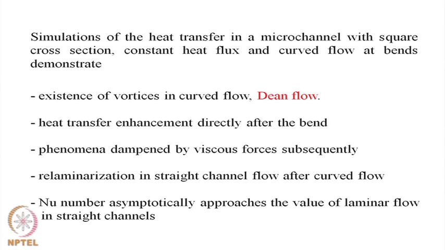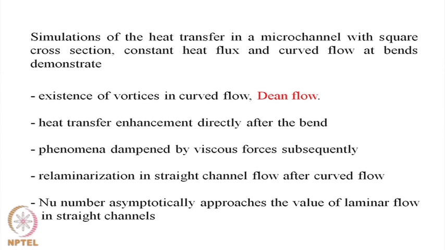So, any vortices, which are the primary cause of heat transfer enhancement, will be dampened, and there will be reintroduction of laminar flow in the straight portion of the pipe after the bend. Whenever you have a straight portion of the pipe, the viscous forces will force all these vortices to bring back laminarity in the system once again.